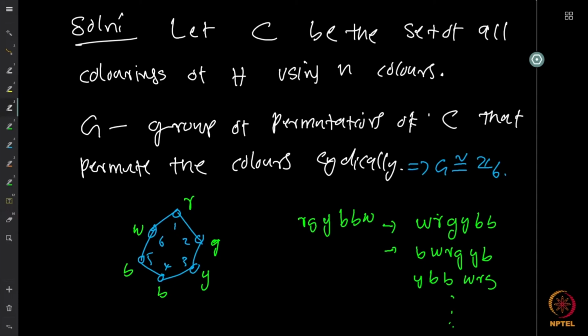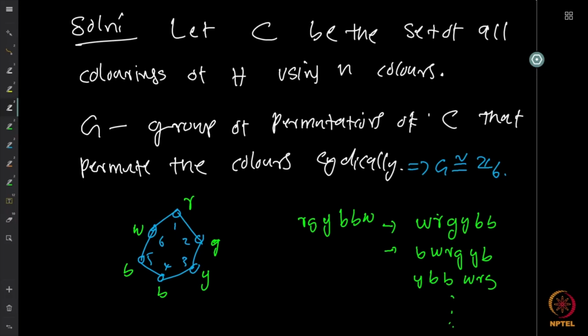Since there are 6 vertices, you have exactly 6 rotations, including the identity, and you will see that this is actually isomorphic to Z6.